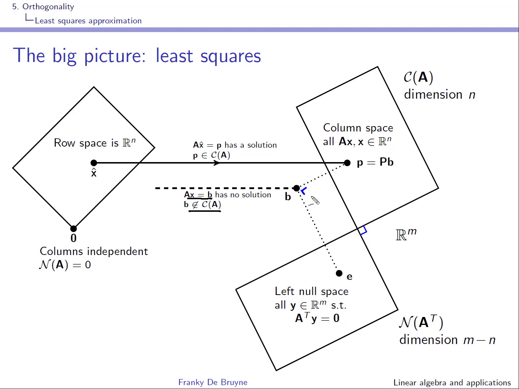As you can see, P and E are perpendicular. There was no solution for Ax equal to b, but there is a solution to the problem Ax equal to P. So there is a vector x hat such that A x hat is equal to P, and this x hat is indeed the least squares solution of this problem Ax equal to b.